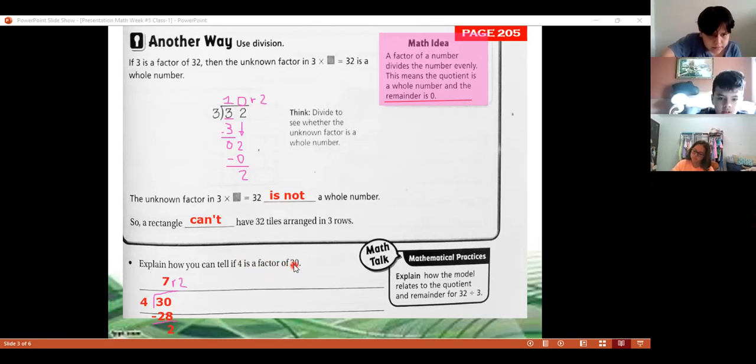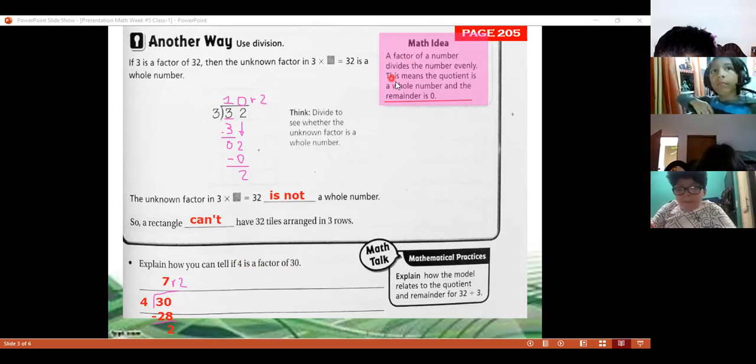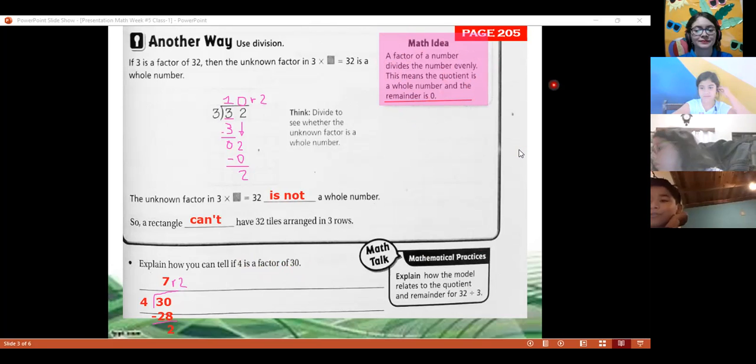How do you know that it's a factor? Read this. Here you have what is a factor, class. So you say yes. So why? Oh, I think that whole number is a remainder 0. So yes, it's not a factor.